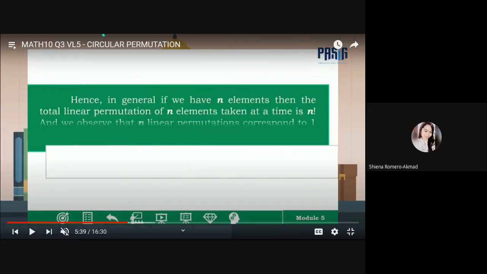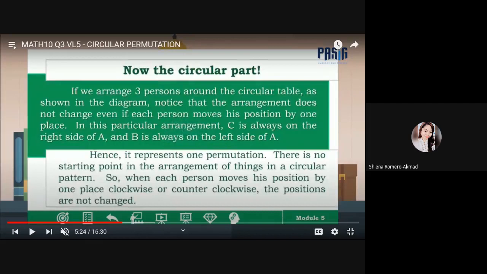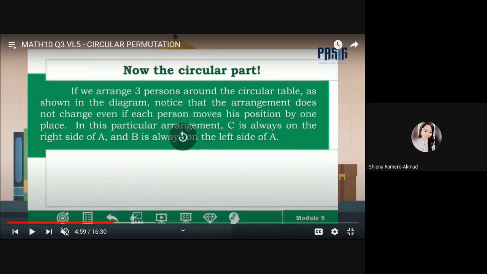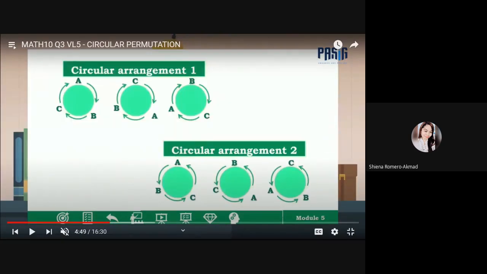Dahil po, ang ginawa natin ay nag-arrange tayo ng persons in a circular table. Kung mapapansin nyo sa circle, there is no starting point. There is no end.